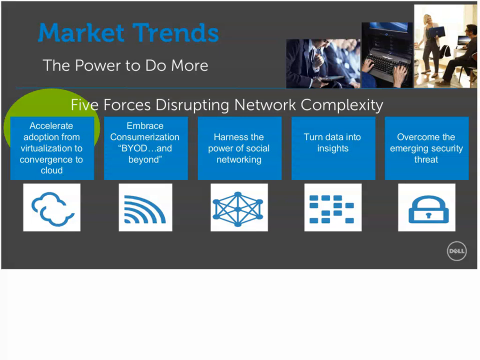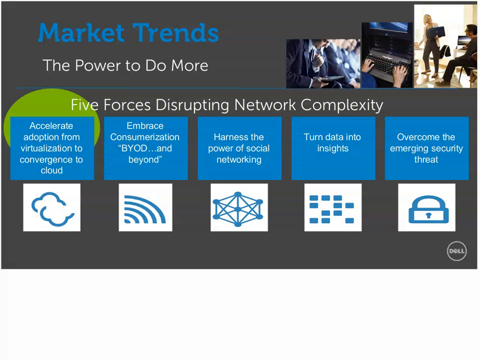The second thing happening quite a bit is BYOD and the consumerization of allowing people to access data the way they want, on their own devices, from anywhere and any place. From a network complexity point of view, that adds different elements and entry points that impact things like security.